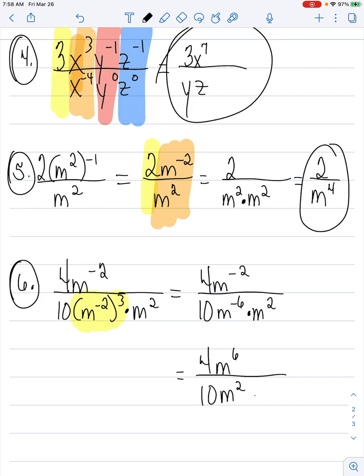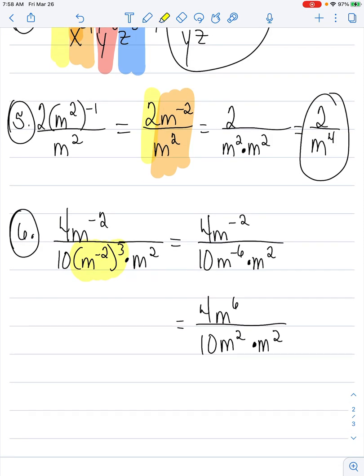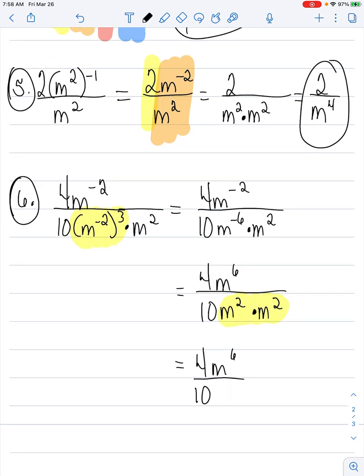See how that flipped? And don't forget, you also have this extra m to the second. So I'm going to go ahead and simplify this right here. So that leaves me with 4m to the 6th on top. 10 m to the second times m to the second is m to the 4th.